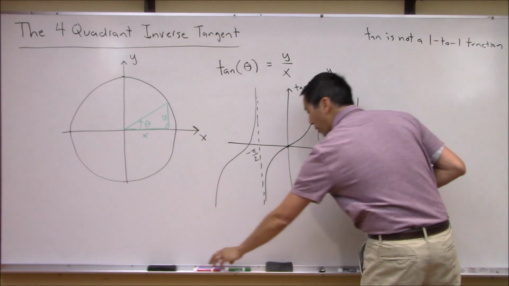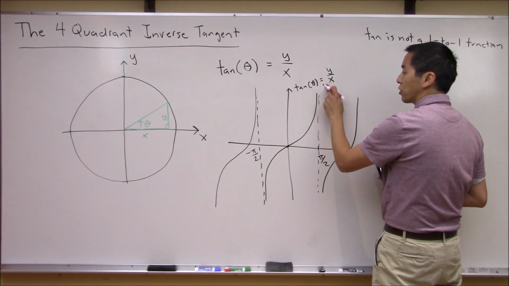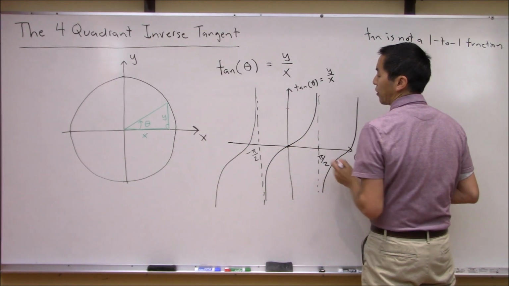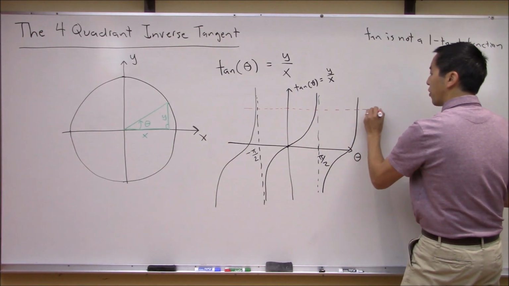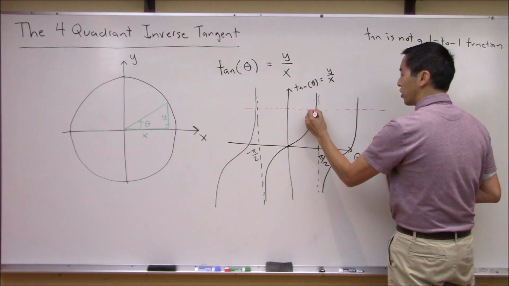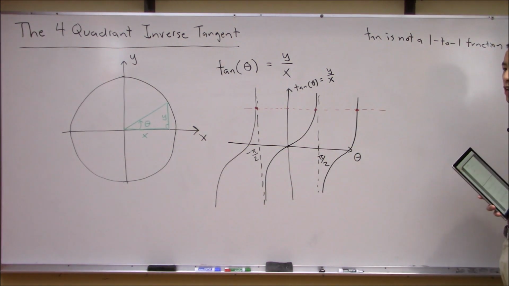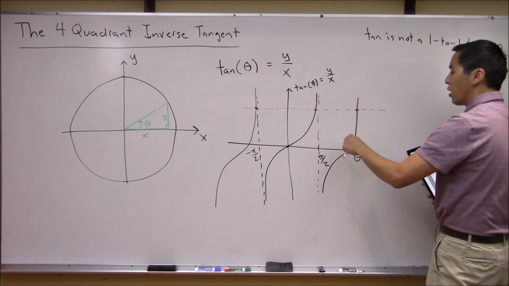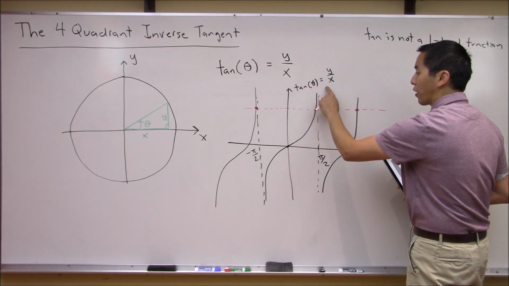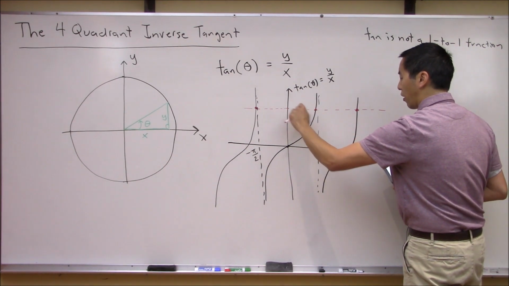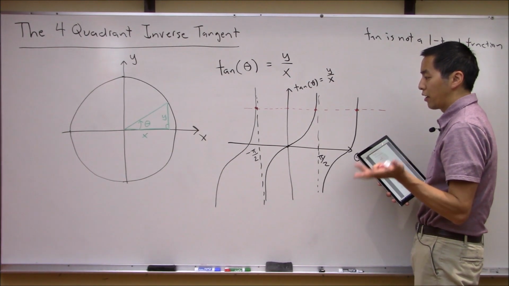If I wanted to pick a given y over x value, like this value here, and you follow this along, there are multiple possible solutions. Here's one, here's one, here's one, and this thing repeats. In fact, there's an infinite number. If I wanted to look up what is the theta that corresponds to a specific y over x, there are multiple values it could return.